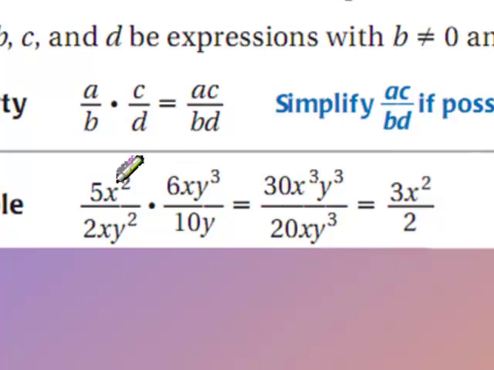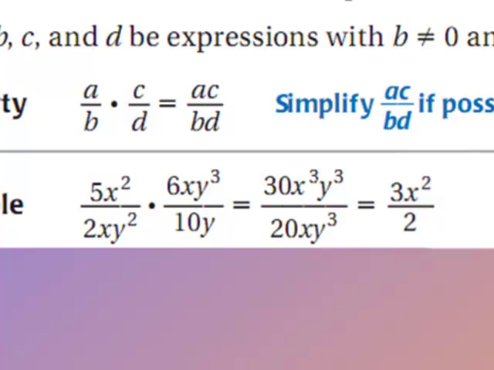Then I would multiply the 5 and the 6, which gives me 30, and x squared with x, which gives me x cubed, and then I just bring over the y cubed. Then do the same thing in the denominator: 2 times 10 is 20, x, just bring that over, y squared times y is y cubed.